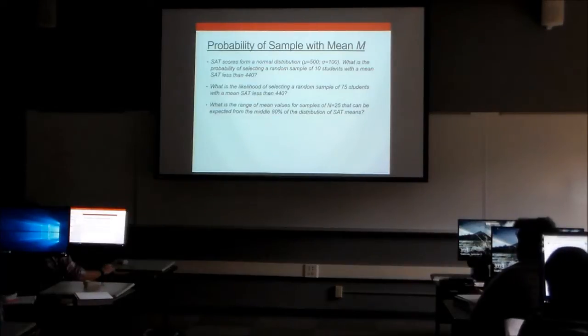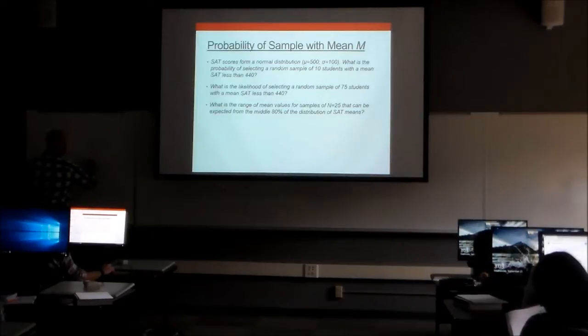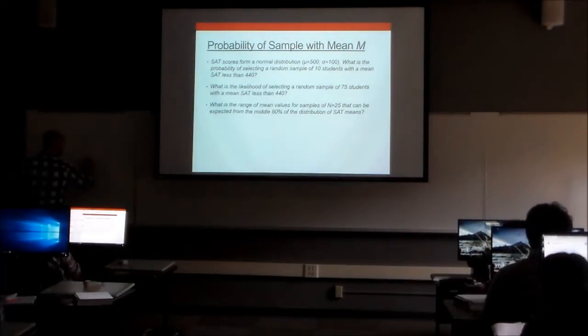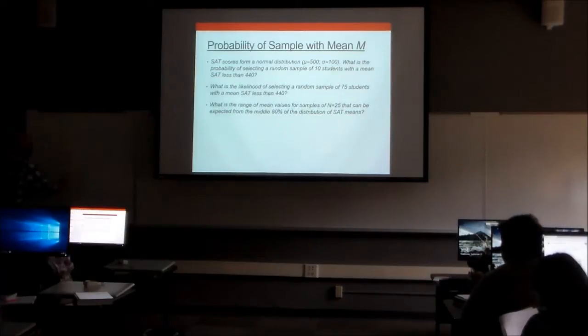Someone say z-table? I heard z-table, okay. If we're looking in here, the mean is 500, this is negative 1.89, this is 440. What part of that distribution are we interested in? The smaller part, the tail, right?